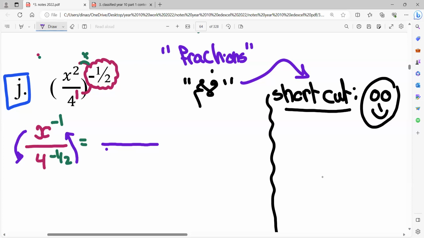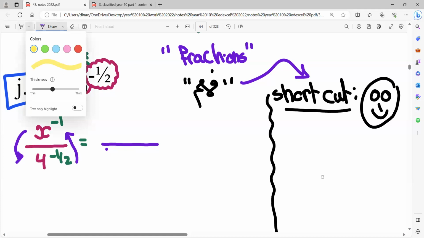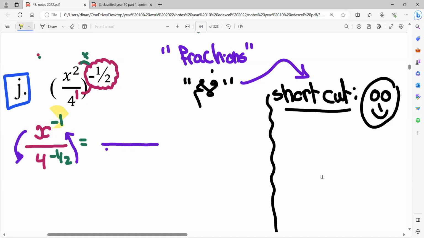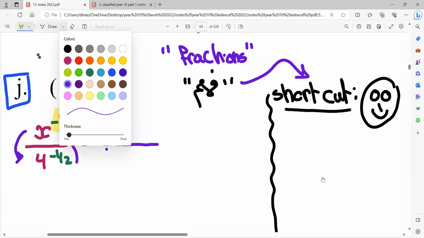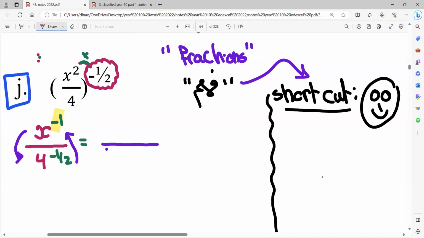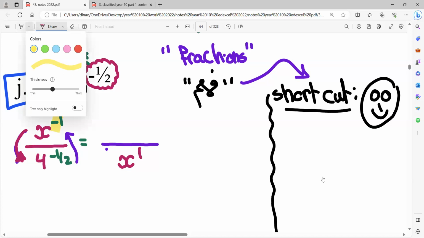So again, as for the x, since the x has a negative power and is a numerator, if I wish to change the sign from negative 1 into positive 1, I have to change the position of the x from numerator to denominator. As a result, negative 1 changes into positive 1. The same applies for the 4.